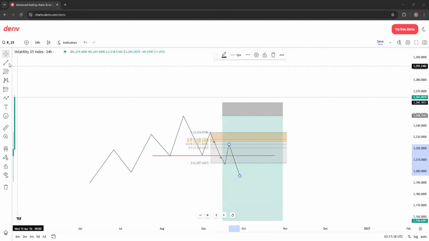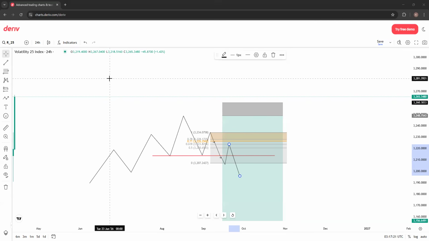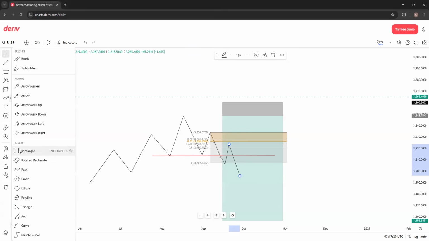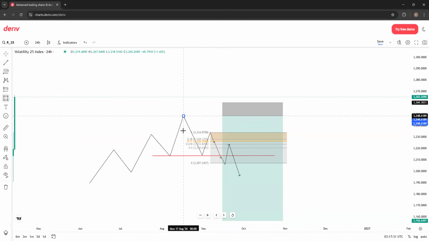So if you are having aggressive entries, there's a standard way of measuring take profit using the head and shoulders pattern before it starts retracing. And that standard way is you measure from your high here to your neckline, and then that same distance is your take profit.